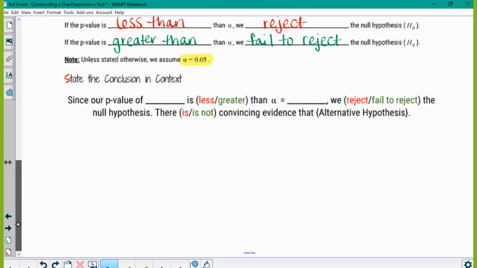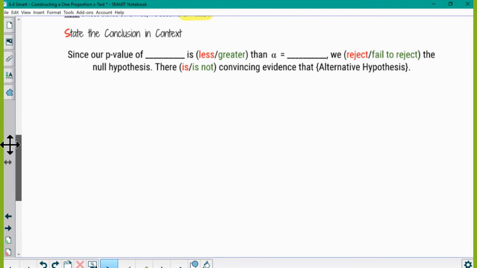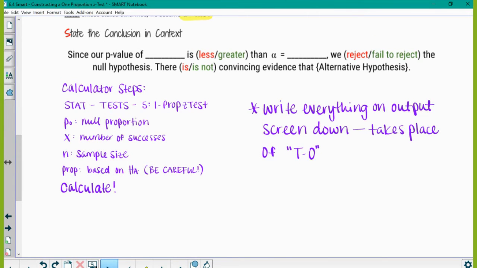Now, before we get into actually performing one of these significance tests, I do want you to take note of the calculator steps, just so that you have them written down somewhere or typed, because I will show you how to do it by hand, and then we will verify our answer in the calculator, just so that you get practice with both.